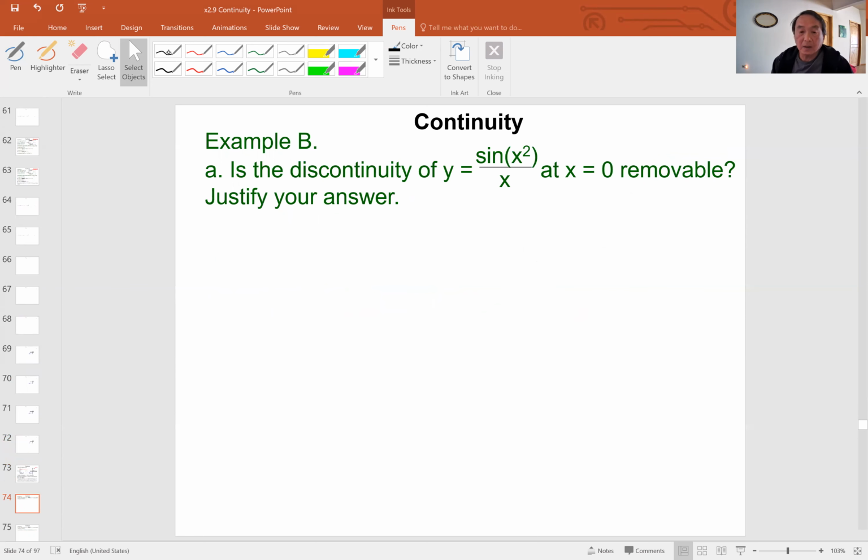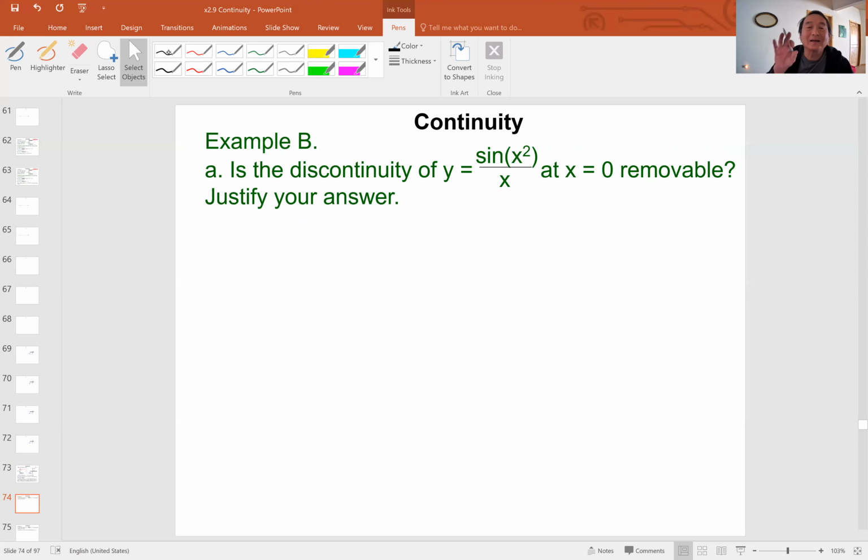On the other hand, if you look at this function, it's not defined at x equal to 0, so it has a hole there. But can that hole be plugged in so that the thing becomes connected? How can I check that?